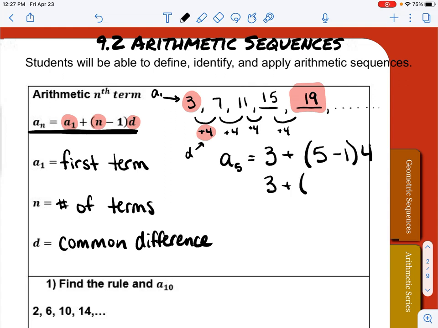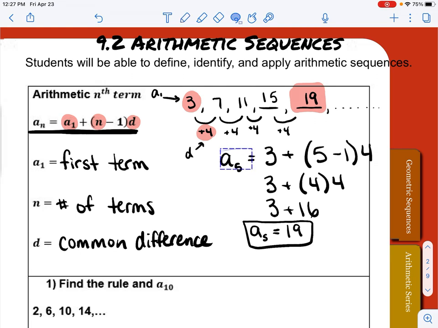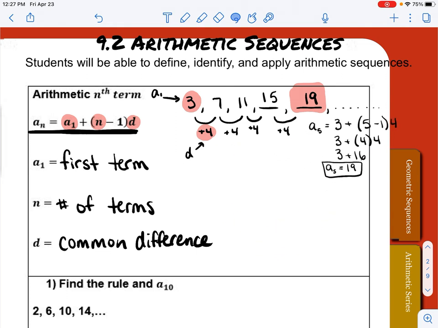So we can go ahead and simplify within the parentheses and then multiply by 4. So you'll notice our 5th term is 19, which is what we had found by just adding 4. Meaning you could find, say, the 80th term, and you would get that number, okay? So the arithmetic nth term formula just gives us what number is that term in the sequence.